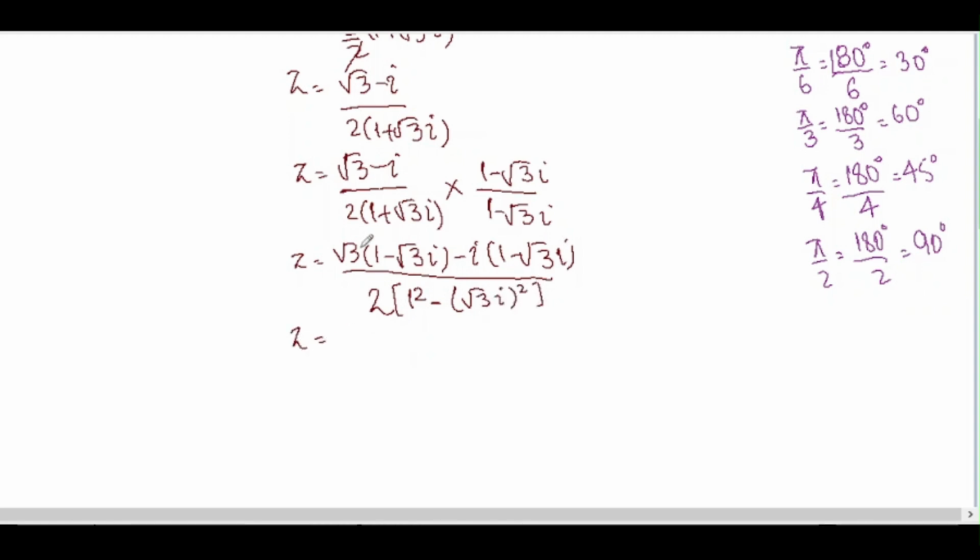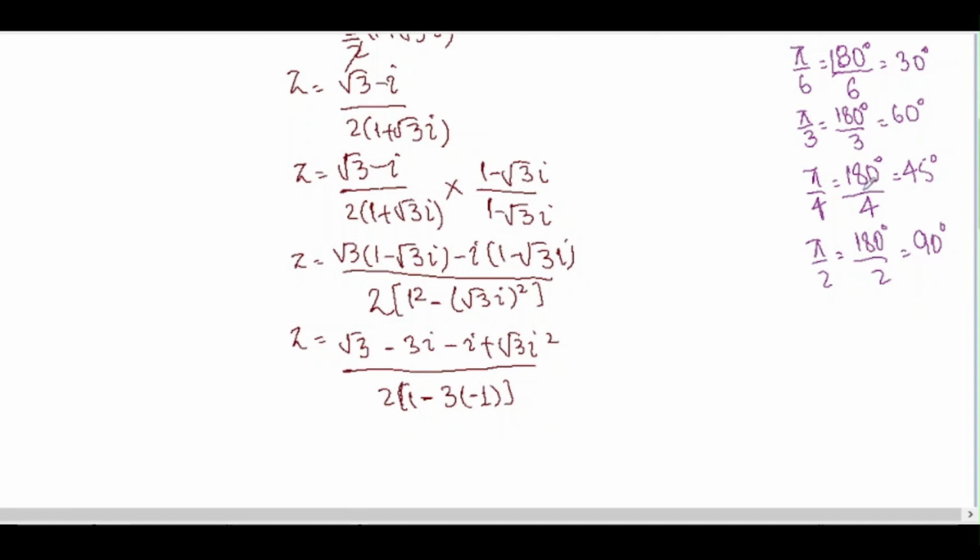Z equals, now we are going to multiply all these: square root of 3 minus 3 iota minus iota, and minus into minus gives us plus square root of 3 iota square, whole divided by 2 into 1 square gives 1, minus square root of 3 square gives us 3 iota square, which gives us minus 1.